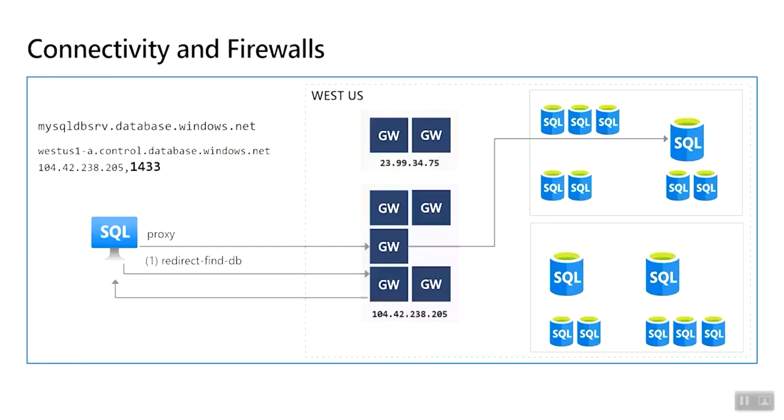And then after that, subsequent packet flows will be directed to the cluster, bypassing the Azure Database gateway. Now, if we're connecting from outside of Azure, your connections will have the proxy connection policy by default. So a policy of proxy means that once the TCP connection is established via the Azure SQL Database gateway, all the subsequent packets will flow via the gateway.